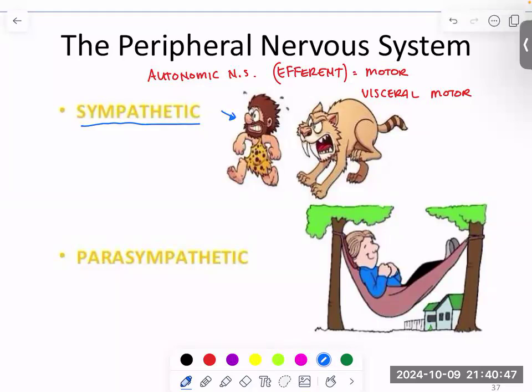What parts of the body are controlled by the sympathetic division? When you experience a fight or flight response, what has to happen in order for you to elicit a fight or flight response? Okay, so you're in danger. What do you do when you're in danger?